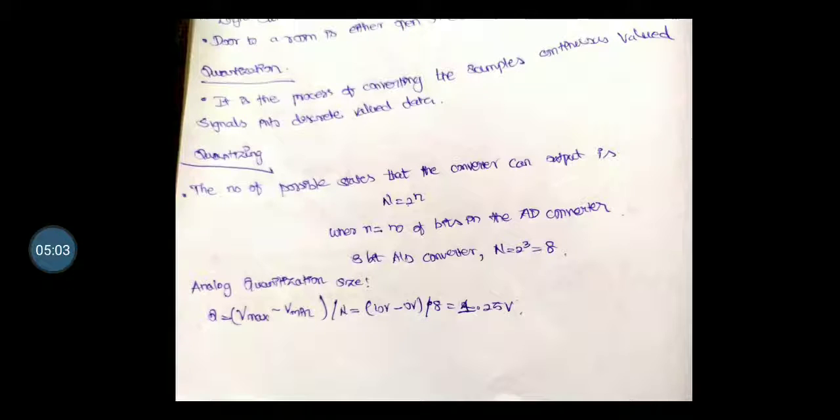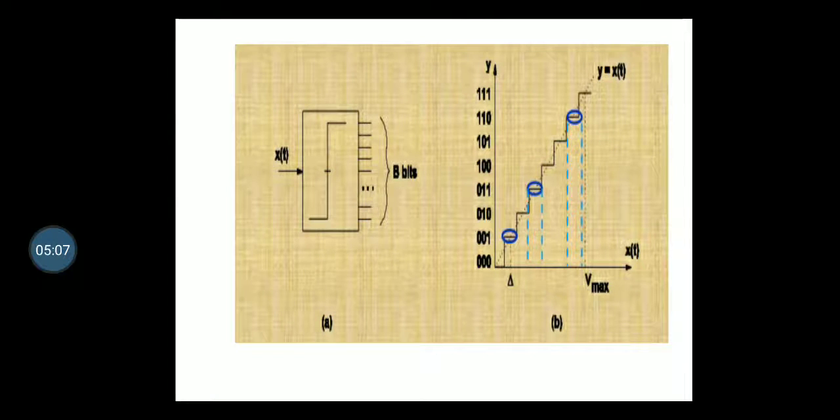So this is quantizing. Also, we give an analog input x(t), and by quantizing or AD conversion, we get a digital output of b bits. Here, the quantizing is given by a step diagram, so here the values are quantized.